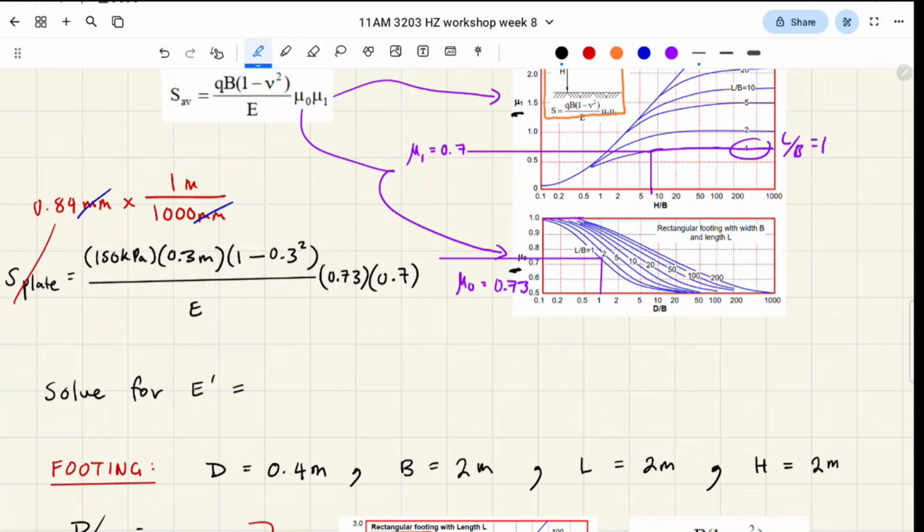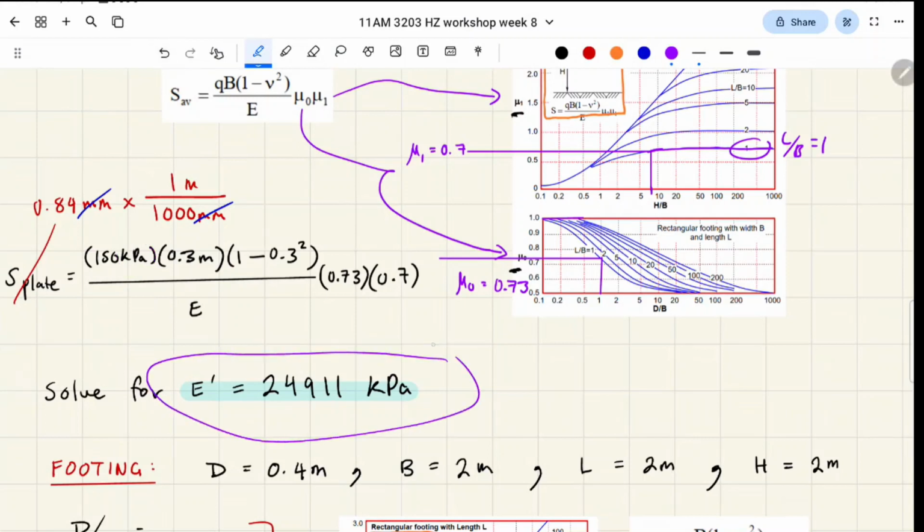We're going to use our algebra to move E onto the left-hand side, everything else onto the right-hand side. That's going to give us our elastic modulus. When I plug that into the calculator, it gives me this. So we are given our elastic modulus in kPa, and the reason why it's in kPa is because our pressure was given in kPa, right?